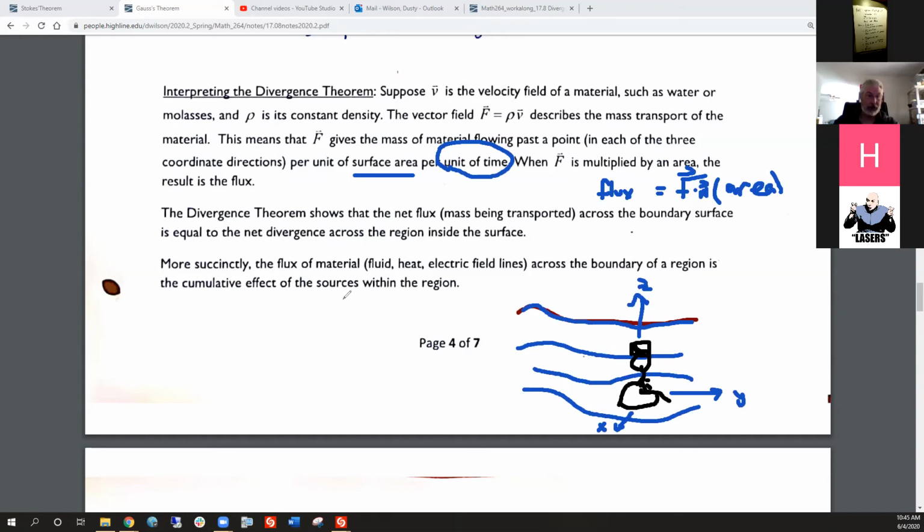So going back to the question, how do we visualize flux? Think about it. I think you could visualize it as the stuff flowing across a surface.